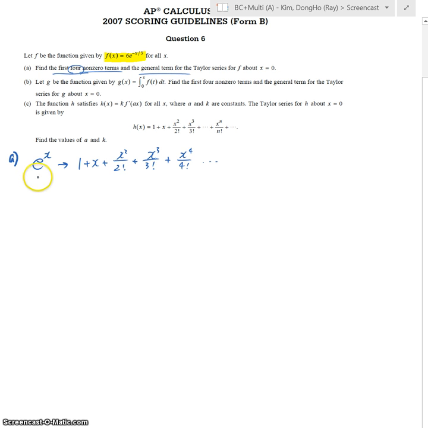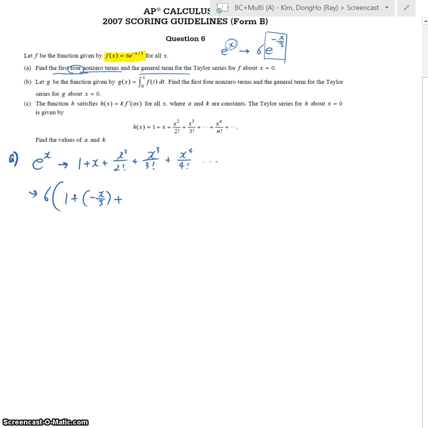The relationship from e to the x to 6 times e to the negative x over 3 is that you multiply 6 to the whole thing, and the power, instead of x, is replaced by negative x over 3. So all we have to do is multiply by 6 and plug in negative x over 3 for all the x's.